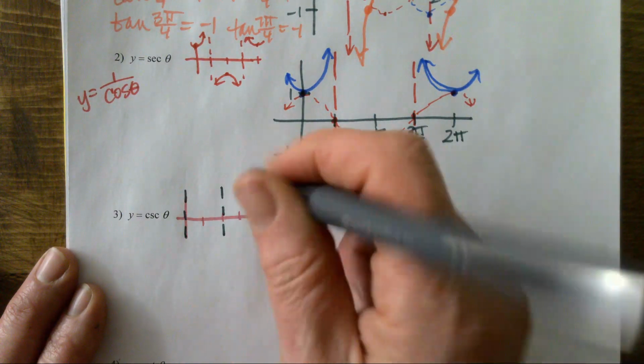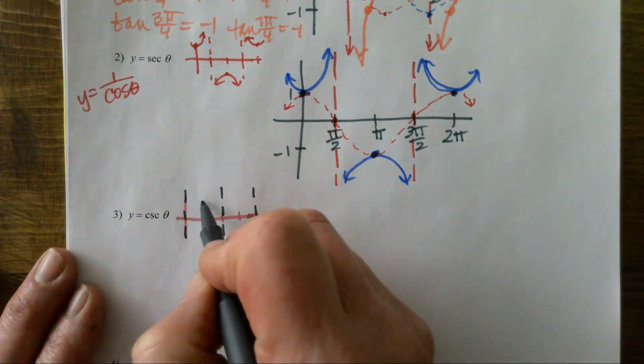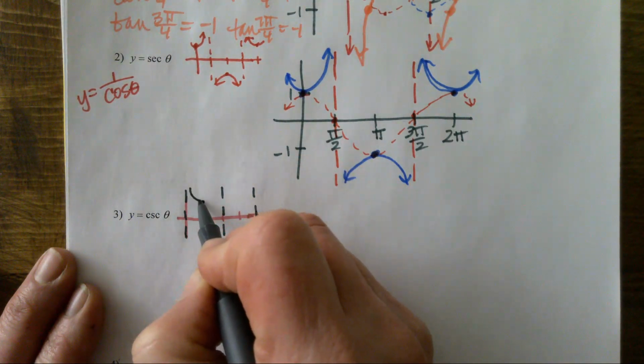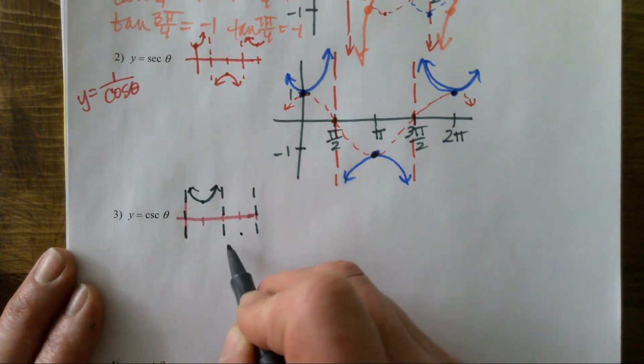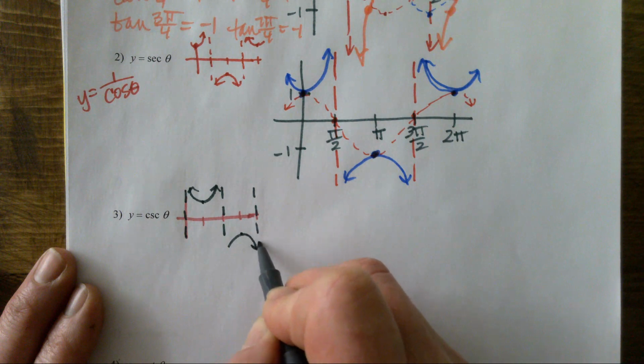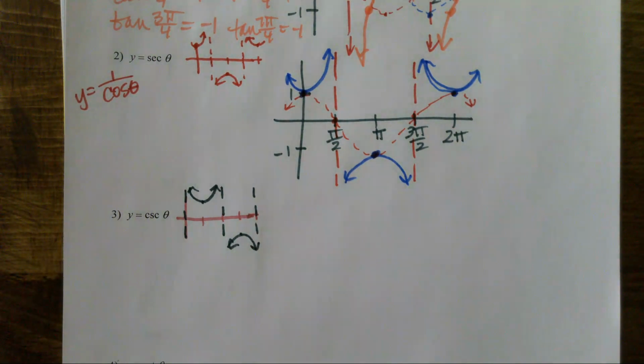Skip the third, go to the fourth. And then my cosecant looks very similar to the secant, just shifted.